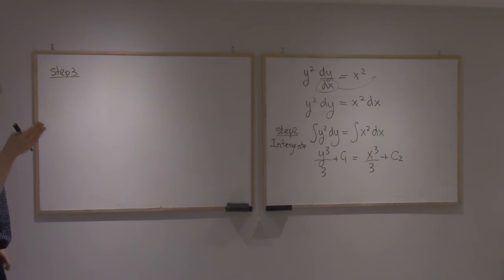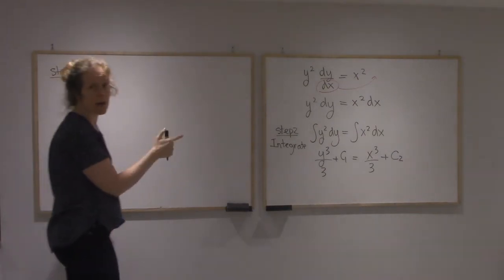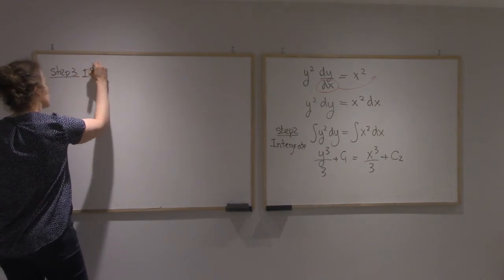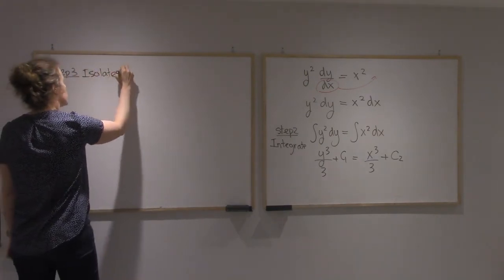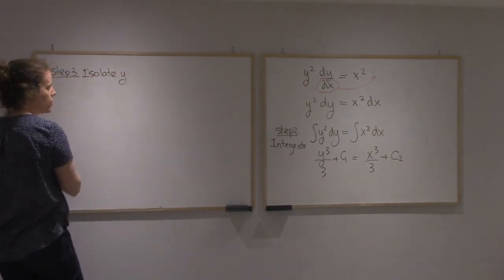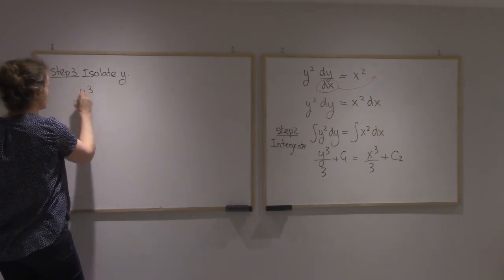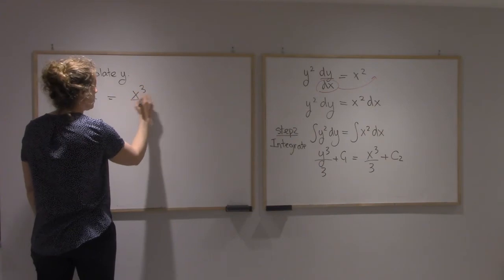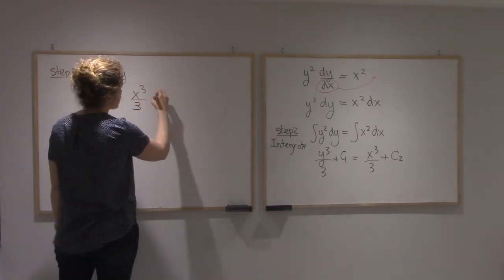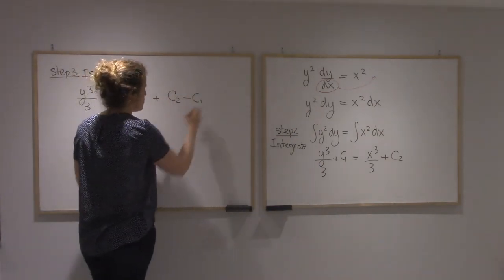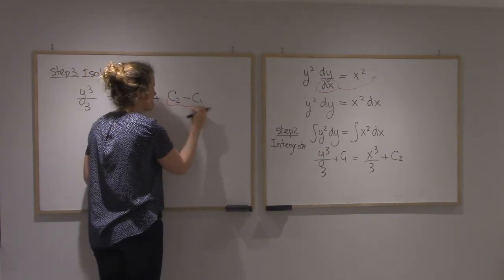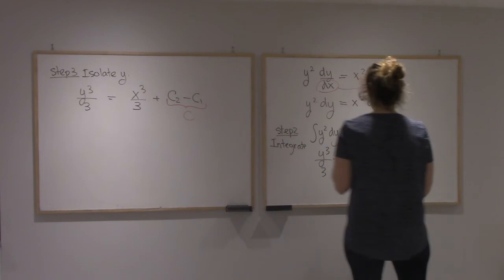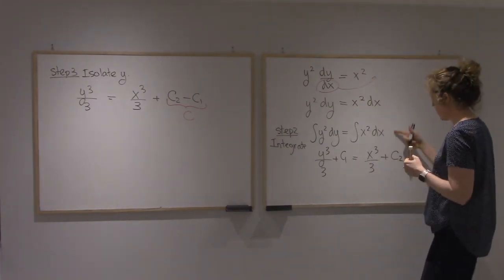My goal was to get a function y, so now I need to isolate for y. So y cubed over 3, let me send the constants to the right. I'm going to get c2 minus c1. Now this is just a single constant c, so you can always take care of that at the start.